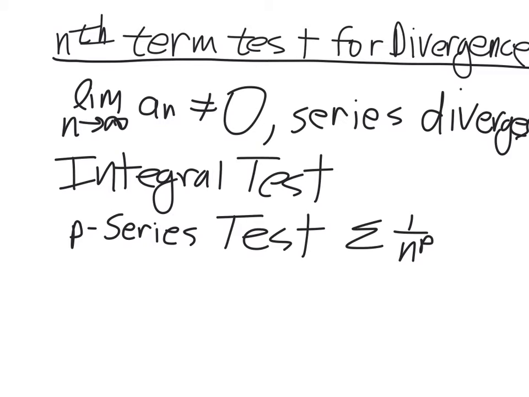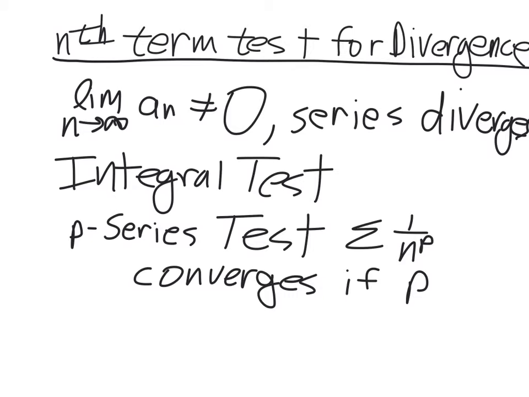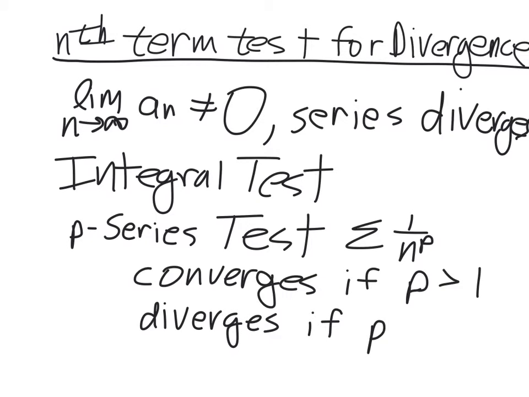If p, for this series to converge, what does p have to be? Okay, greater than 1. And it diverges if p is less than or equal to 1.